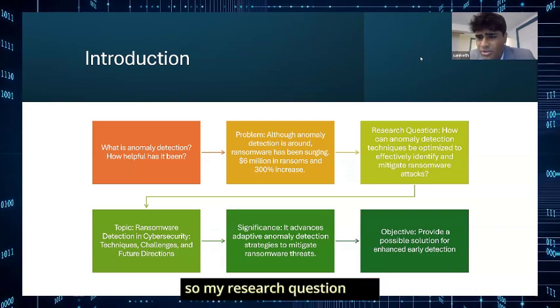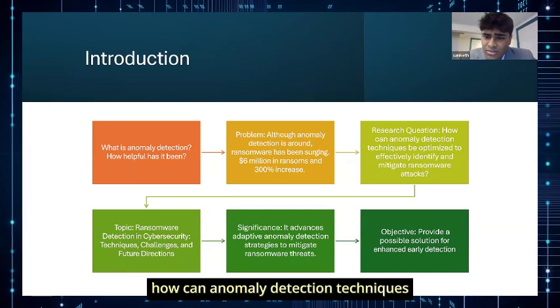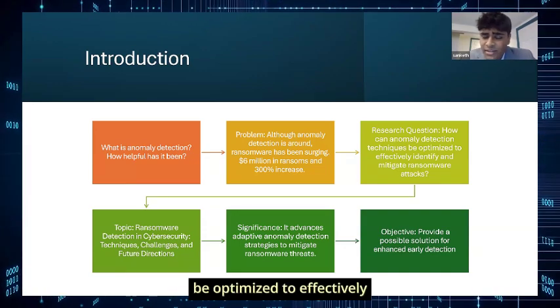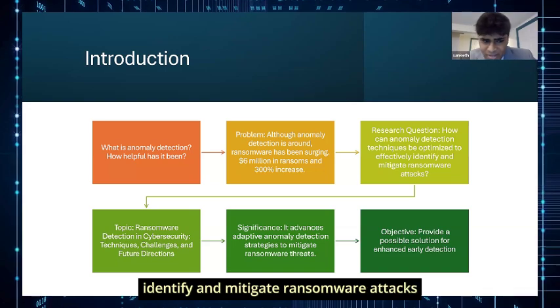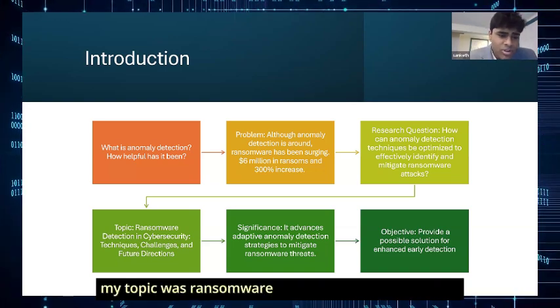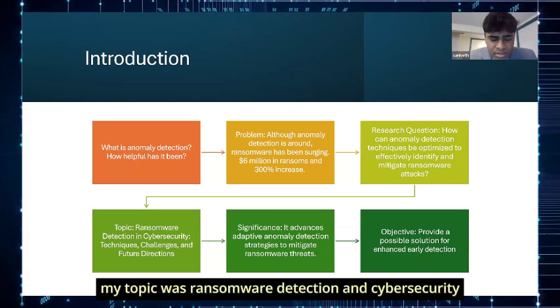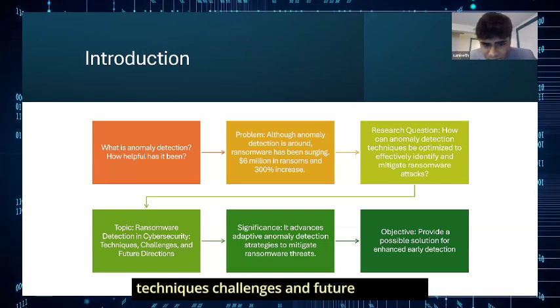So my research question was, how can anomaly detection techniques be optimized to effectively identify and mitigate ransomware attacks? My topic was ransomware detection and cybersecurity: techniques, challenges, and future directions.